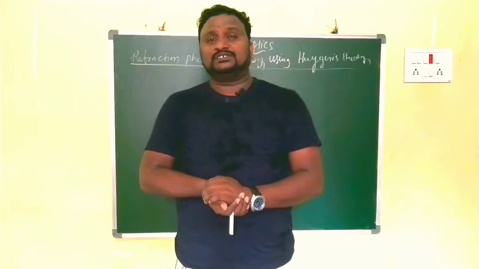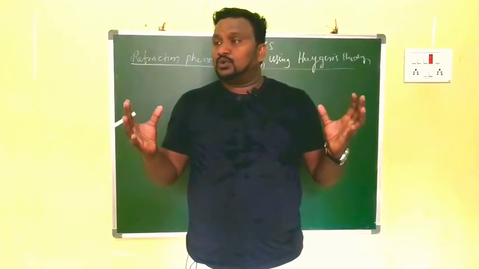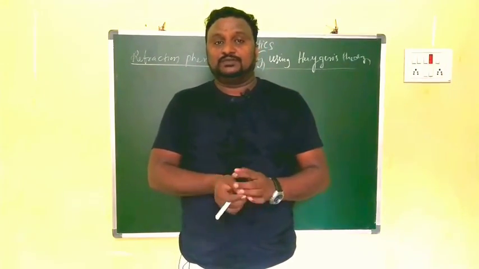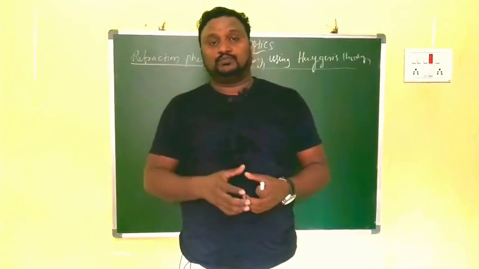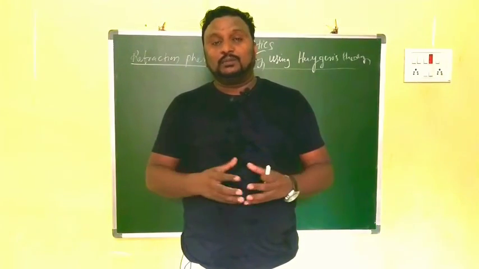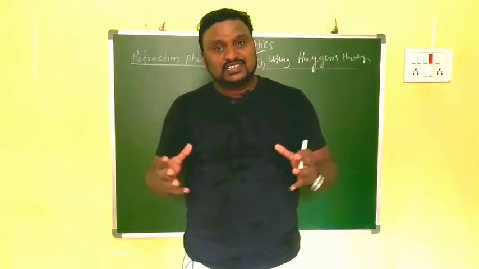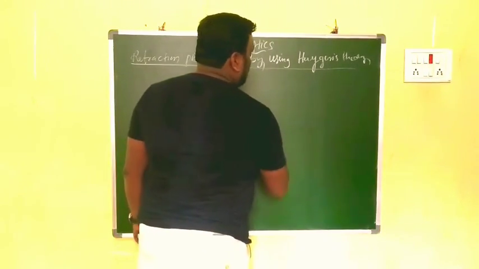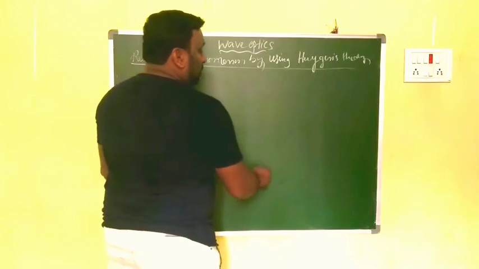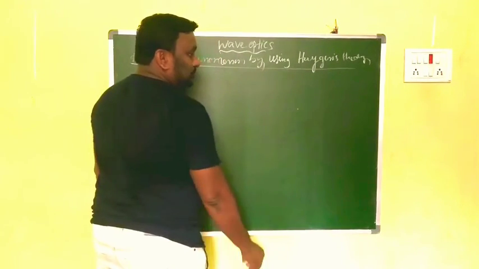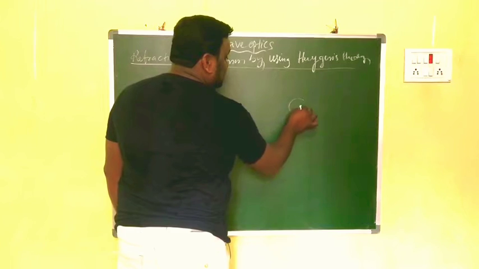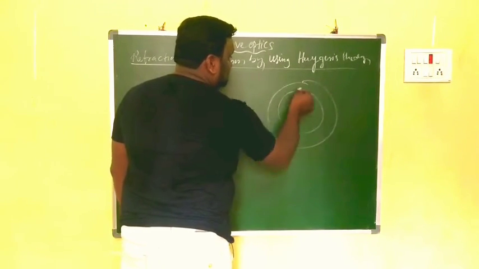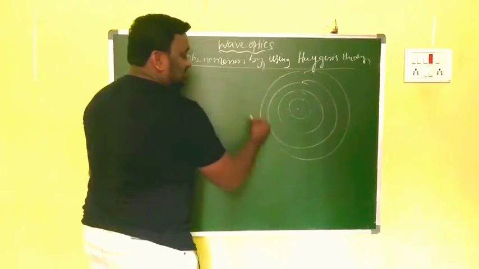Here we know that when we have a calm pool of steady water and we drop a stone in it, what do you observe? Some disturbance is created. For example, imagine this is a calm pool and you drop one stone. The disturbance created is transmitted equally in all directions.